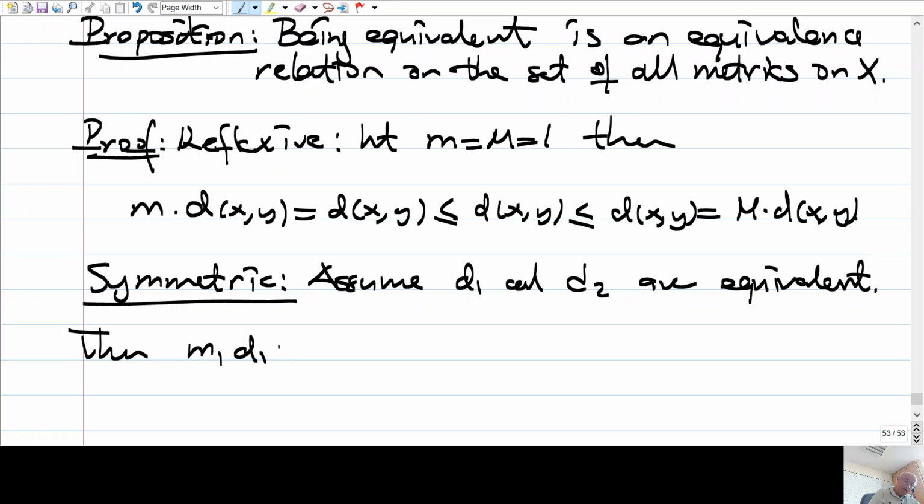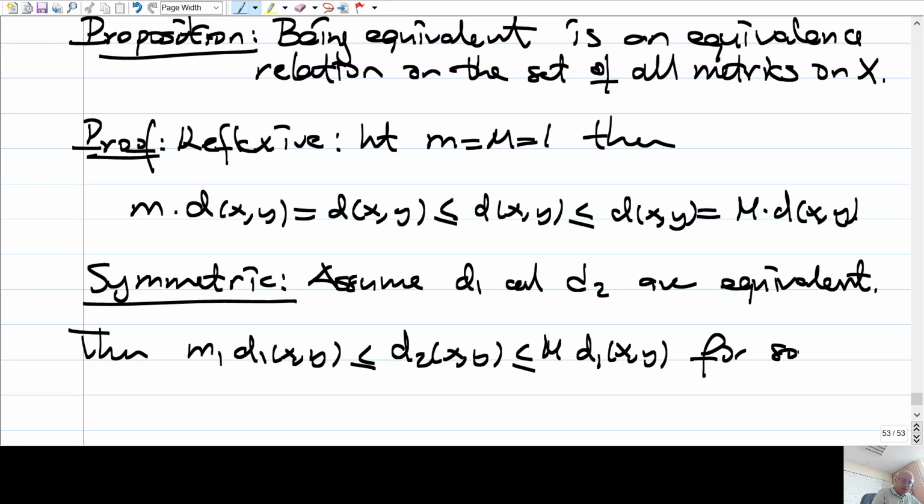Little m times d_1(x,y) is less than or equal to d_2(x,y), and this is less than or equal to big M times d_1(x,y), for some little m and big M, which are positive real numbers, and for all x, y.